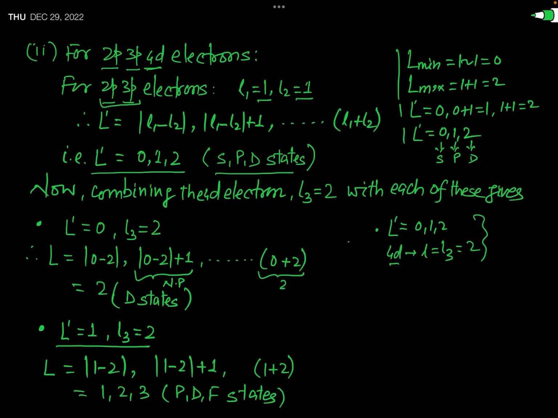Since L dash has 3 values, one by one we will combine the values of L dash with the value of L3. So first of all, consider L dash equal to 0 and L3 equal to 2. In this condition, what will be the minimum value of L?